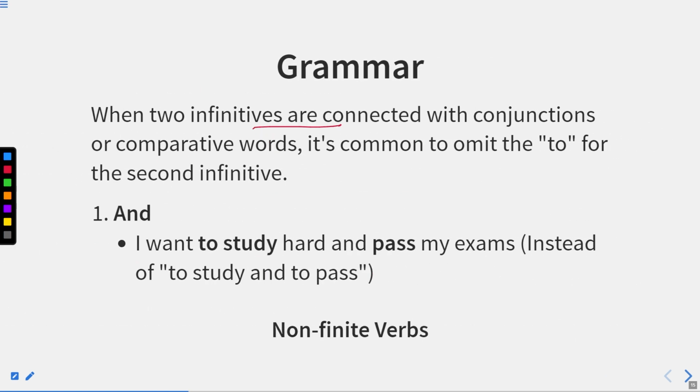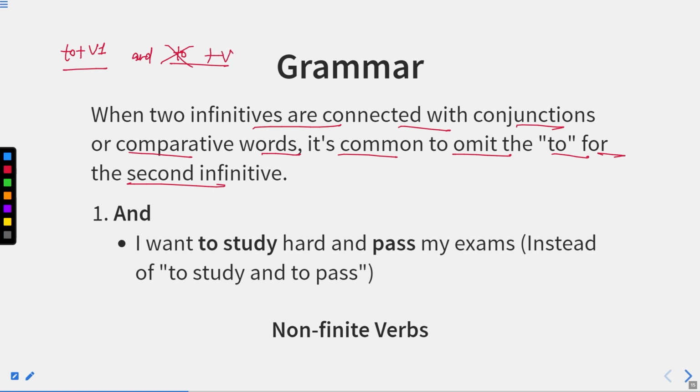When two infinitives are connected with conjunctions, it is common to omit the to for the second infinitive. It means, suppose there is a structure with infinitives on both sides. First of all, we write to plus verb 1. Now there is no requirement of writing this to again.